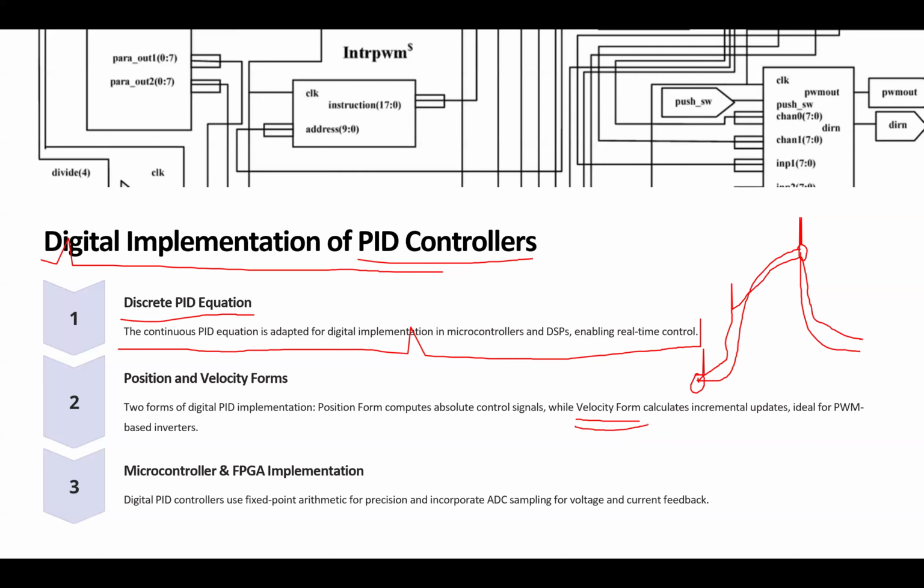This velocity form is a better system when it comes to the effect of noise, because in the velocity you have already differentiated your signal once, so you eliminated a bunch of noise, and it's basically very ideal for PWM-based inverters.